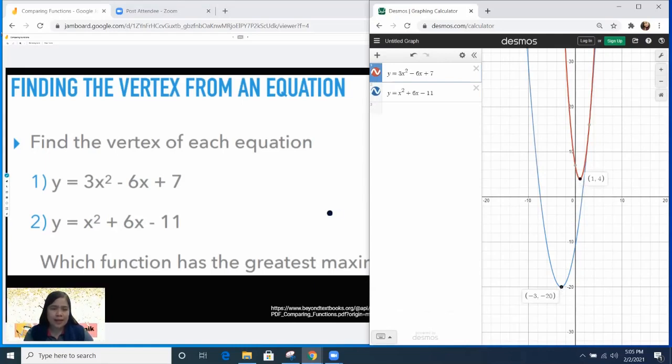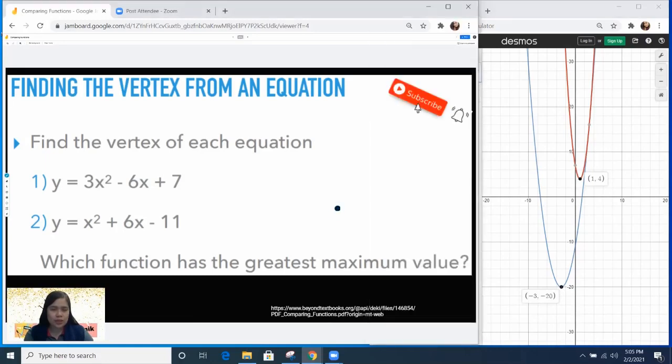Now we're going to answer the question. The question is, which function has the greatest maximum value? Is it equation 1 or equation 2? What is your answer? So the vertex for the first one is (1, 4).